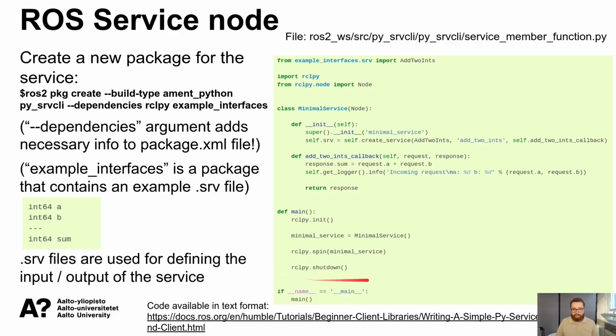The main for making this an executable, again, very simple. We basically initialize the ROS Python functionalities. We then create an object of this minimal service class. Then we launch that service, or we start the service, and then if the service is closed, here we define that we are shutting down the Python ROS functionalities.